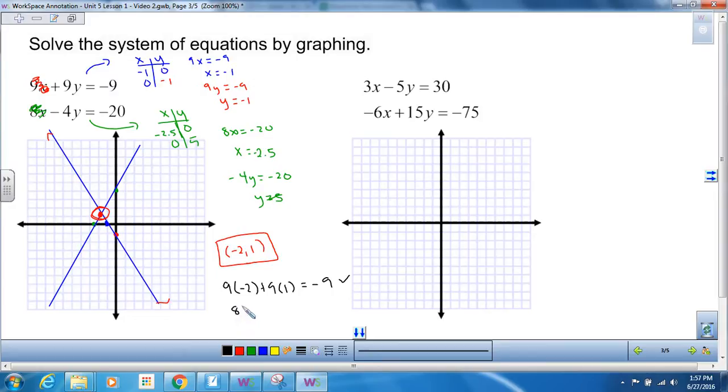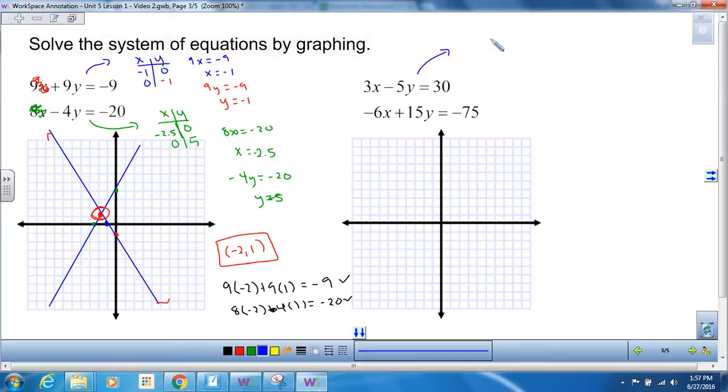And then 8 times -2 plus 4 times 1, or minus 4 times 1, does equal -20. Okay, so this point was correct. So pause and try the next one, and then check to see that you did it right.